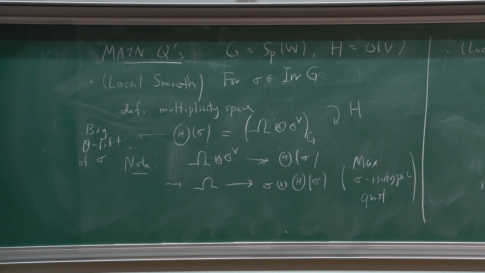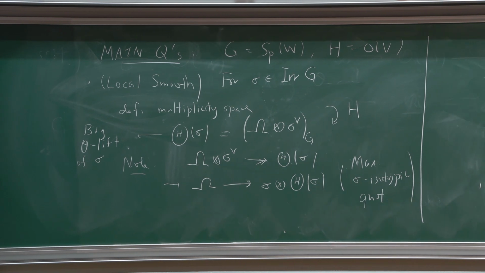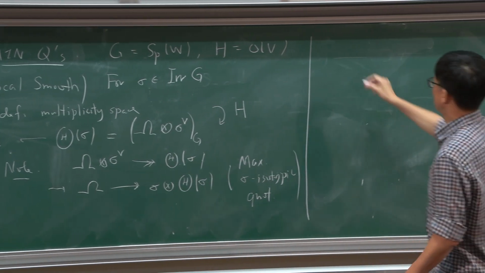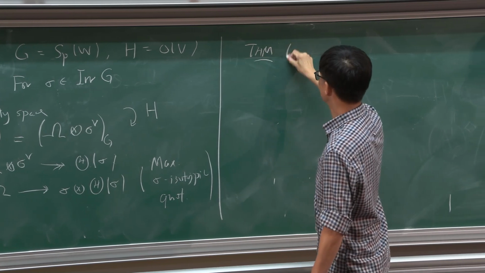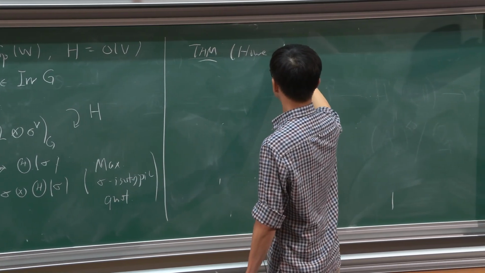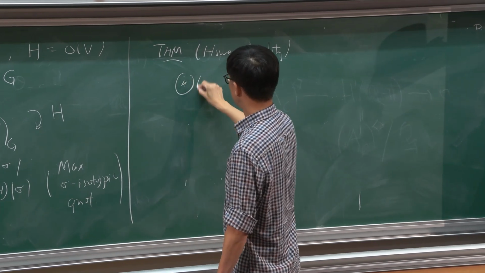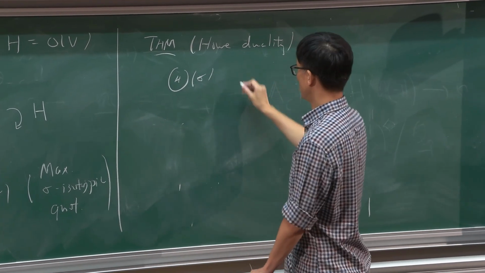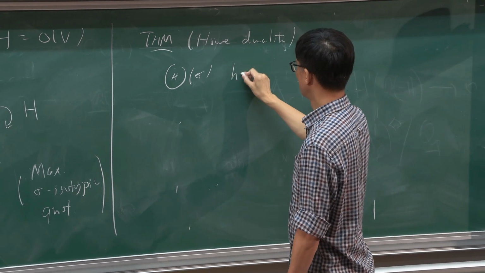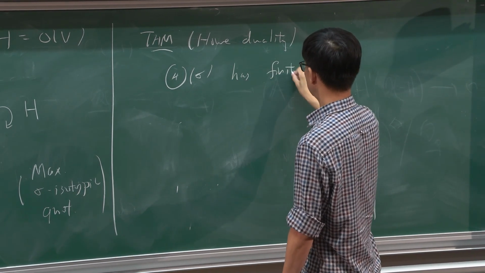I realize that I can't really squeeze this here, so a basic theorem in the subject, the so-called Howe duality, is that for any given sigma, this has finite length. So this is a finiteness result.